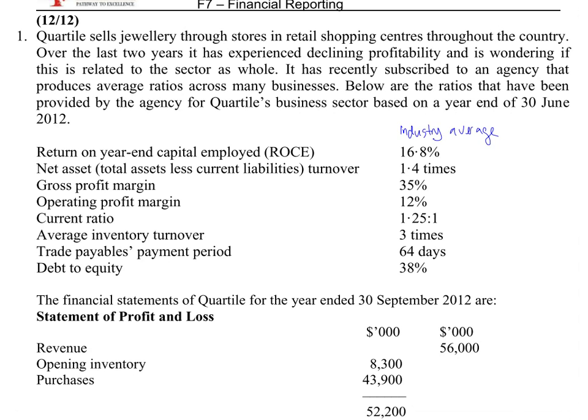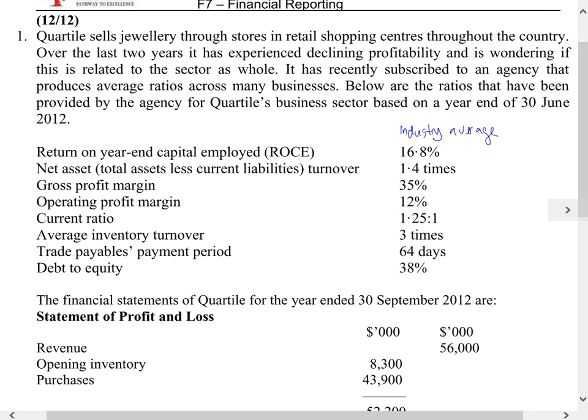ROCE. Remember the formula? No. PBIT, you see, return on capital employed means divided by capital employed. The return is profit. The profit that we use is profit before interest and tax, PBIT.